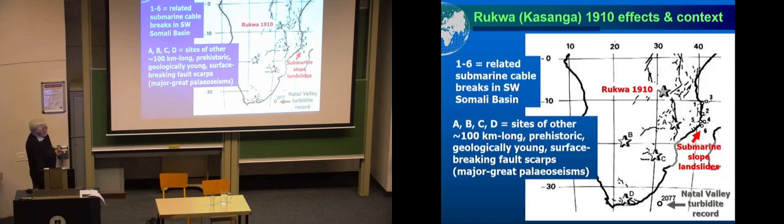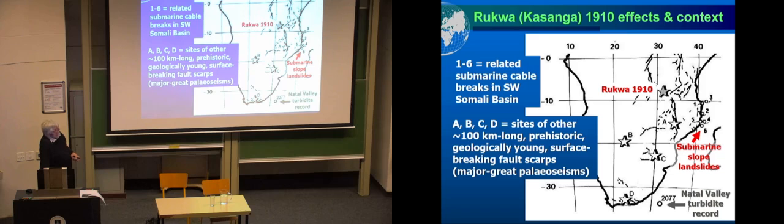But the other important thing about that earthquake is that it was so big that it triggered submarine landslides off northern Mozambique. Those are those numbers, 1 through to 6. And the reason why we know those happened is that there were submarine cables over there. And 1, 2, 3, 4 were the sequence in which the submarine cables were broken immediately after that event.